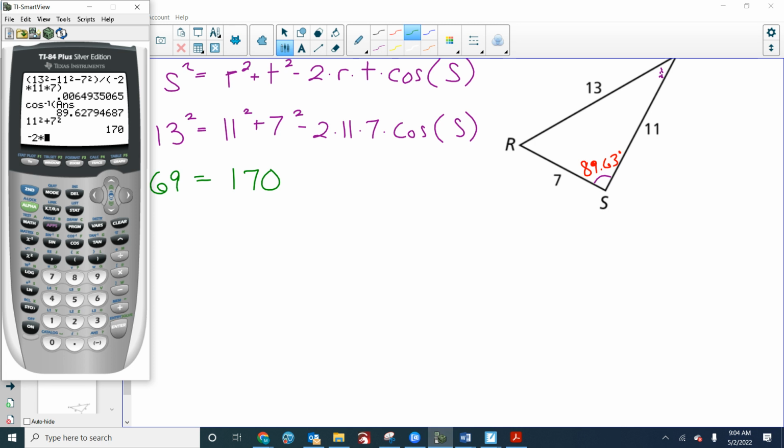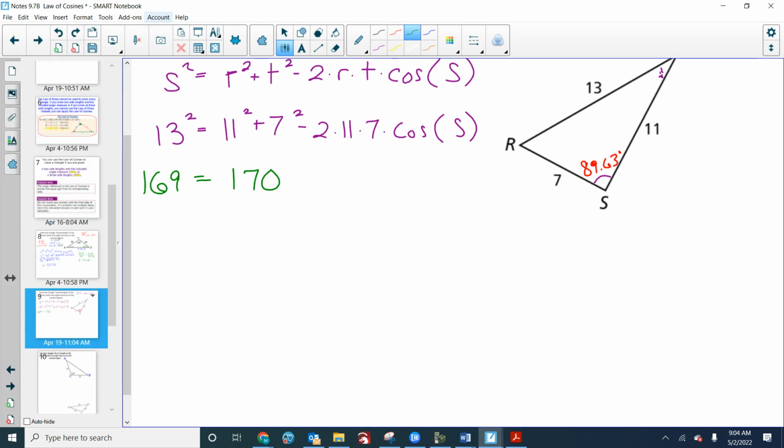Negative 2 times 11 times 7 is that. So many times I have students subtract the 170 and the 154, just because they're there. That's fine if you want to do it that way. Couple things. These numbers are pretty small. Sometimes the sides would be like 40, 50, 60. These numbers, when you square them and add them together, are going to get huge.